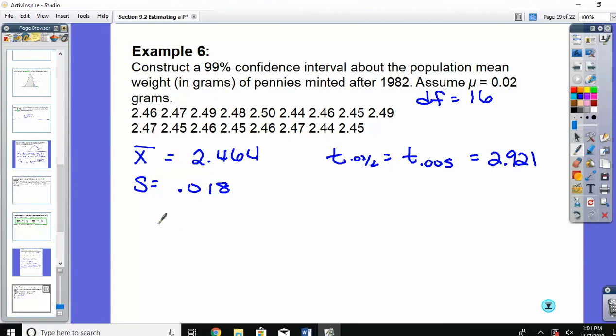So then create your confidence interval. X bar, so 2.464, plus or minus your t, 2.921, times your s, 0.018, over the square root of n.